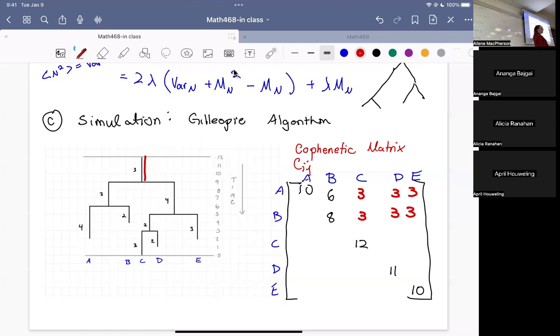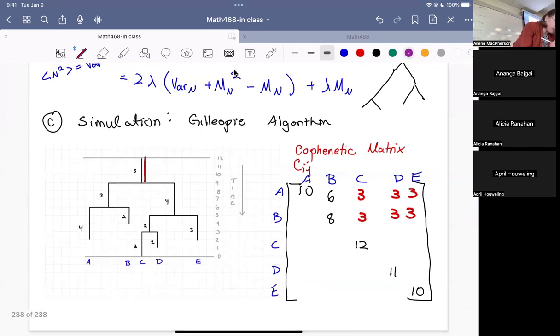You can actually calculate them backwards if you want, noting that the whole height is 12, lineage A is 12 minus 2, B is 12 minus 4, and so forth. So you could do it that way. The rest of the elements are 9 and 7, 7.